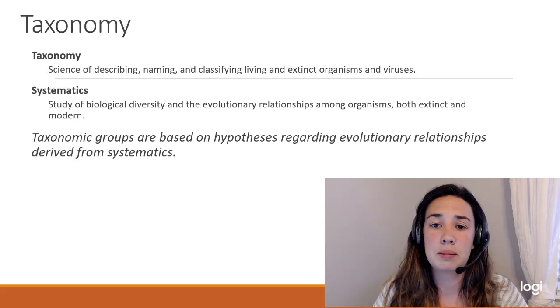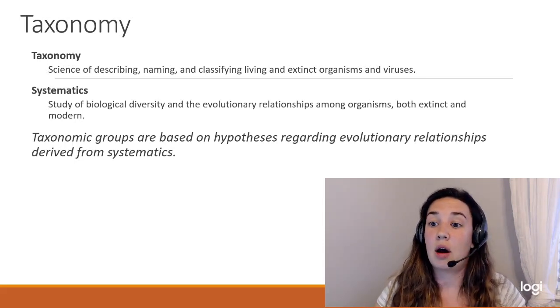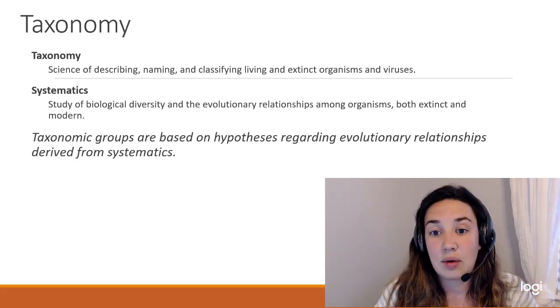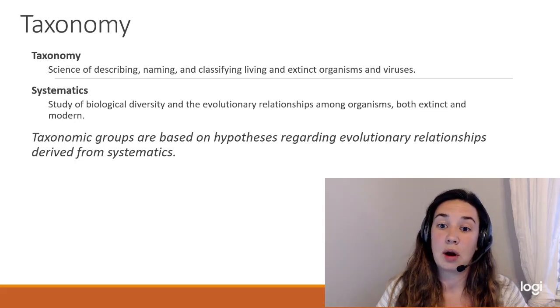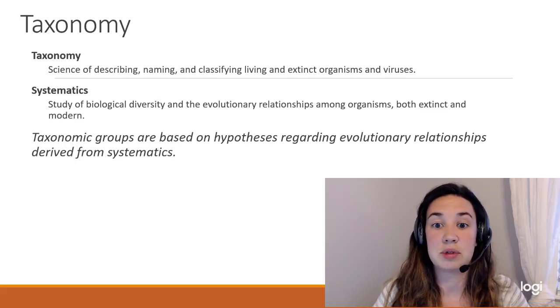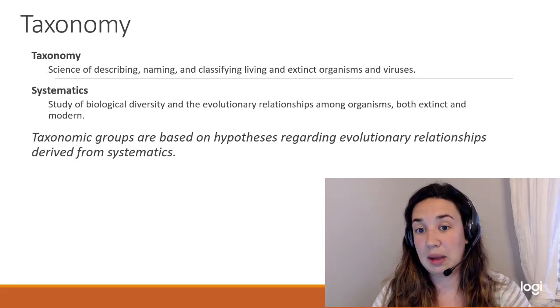Now, when we come to taxonomy, basically taxonomic groups are based upon the hypothesis regarding all evolutionary relationships derived from systematics. So that's how those taxonomic groups are formed, or based on those relationships that have come from systematics. So make sure you keep that in mind.